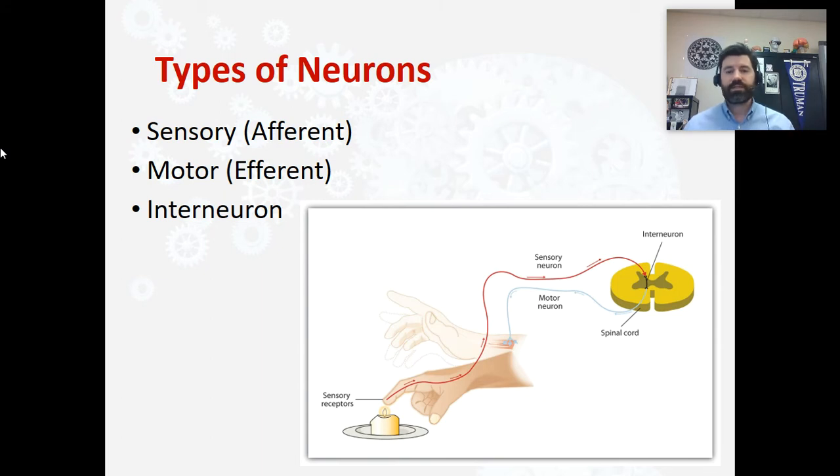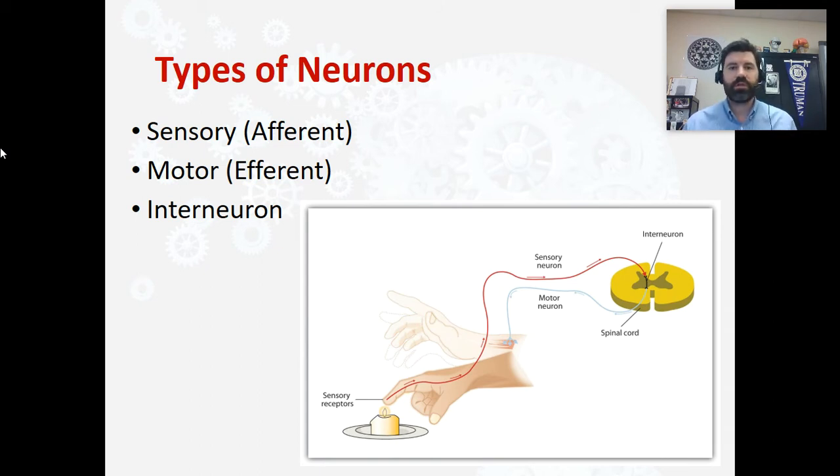So let's take, for example, this graphic on the screen of someone touching a candle. First of all, that's a bad life decision, but for whatever reason, a person has touched a candle, and that flame is going to cause a message to be sent from the tip of your finger up towards your brain, and we call those sensory neurons.